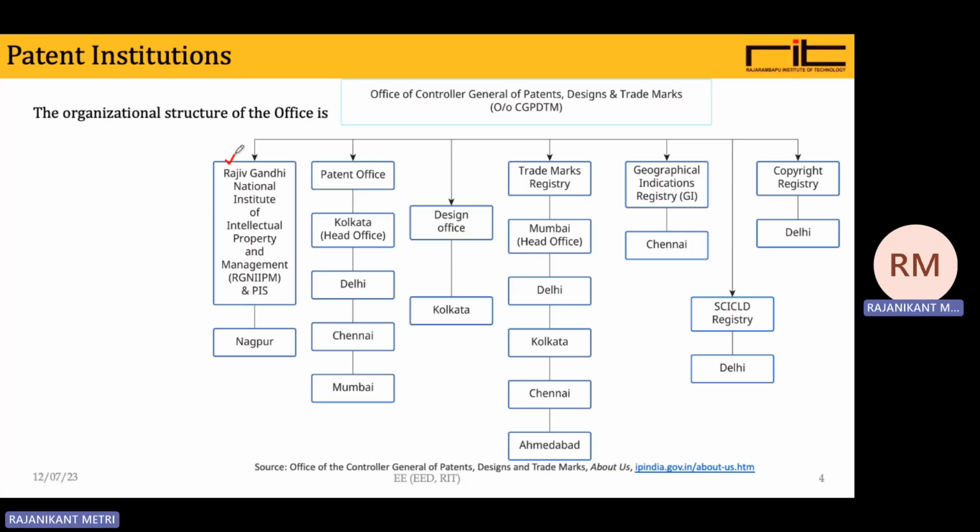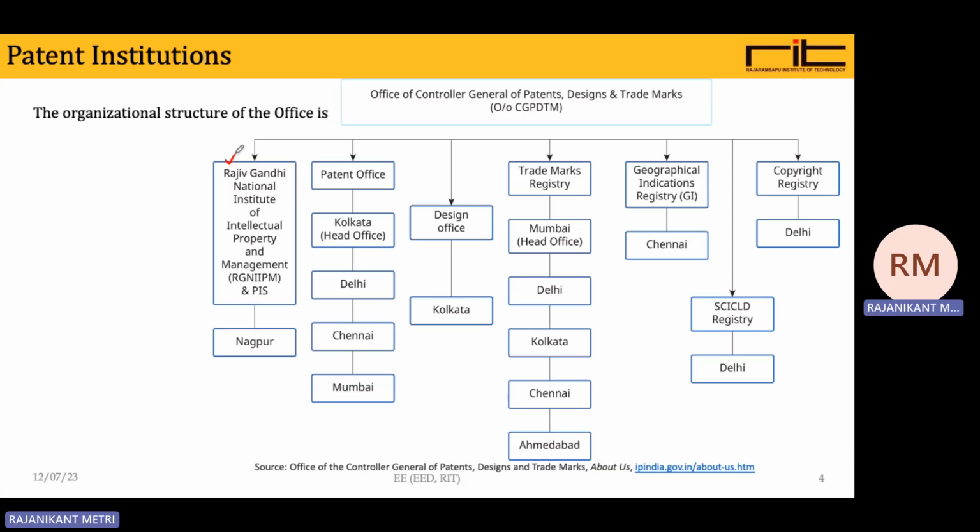Related to geographical indications, the registry office is located only at Chennai. So the design office is only located at Kolkata, whereas the geographical indications registry office is located only in Chennai. Then the SICLD registry office is located in Delhi, and the copyright registry is also located at the same place, that is Delhi.